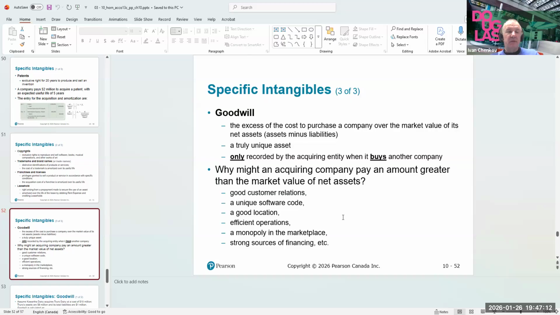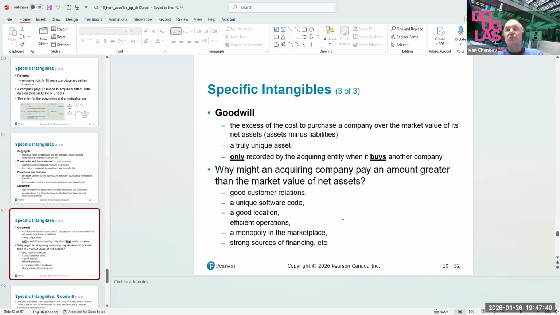I'm checking the companies and I'm seeing that there's a company for sale. When I run the net assets, meaning assets minus the liabilities, net assets are $50,000. But because I need that market share so badly, I'm willing to pay $70,000.